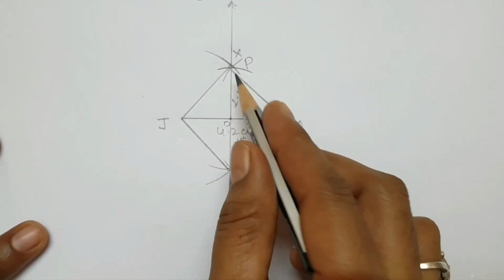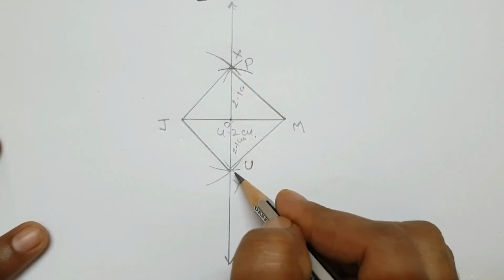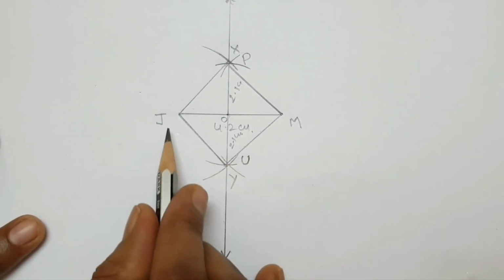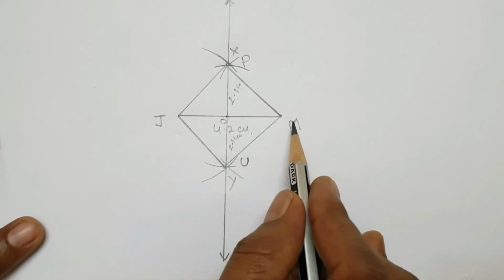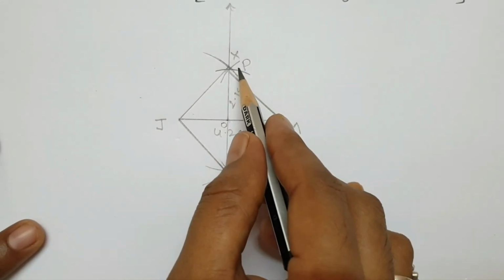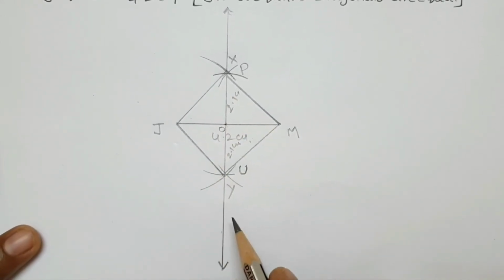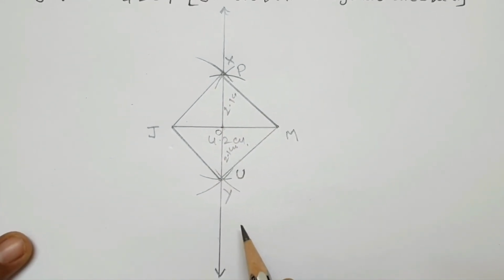These two arcs cut XY at U and P. Next join JU, UM, MP and PJ. This is the required square JUMP.